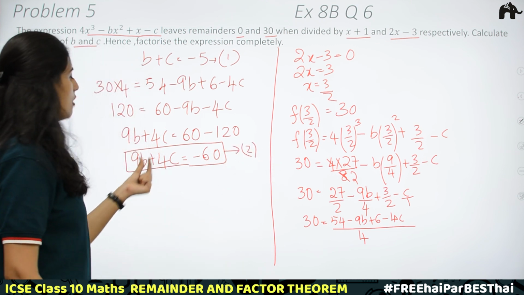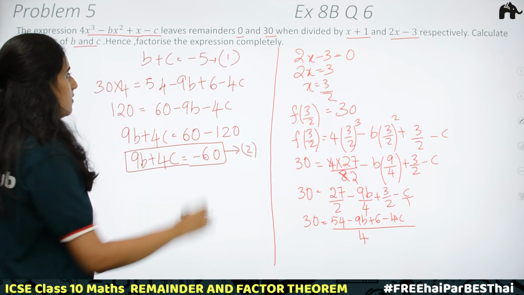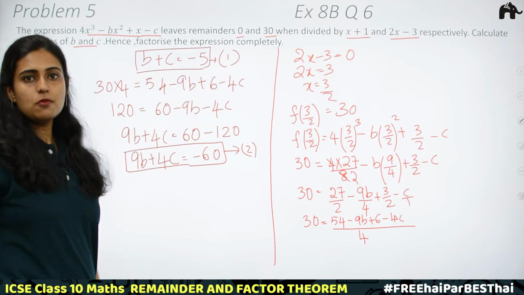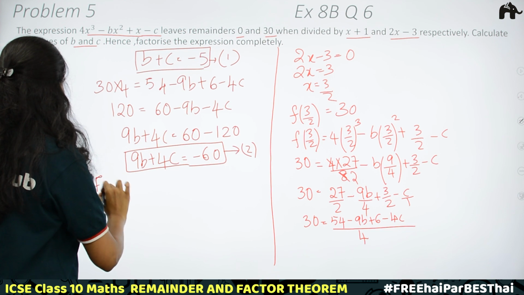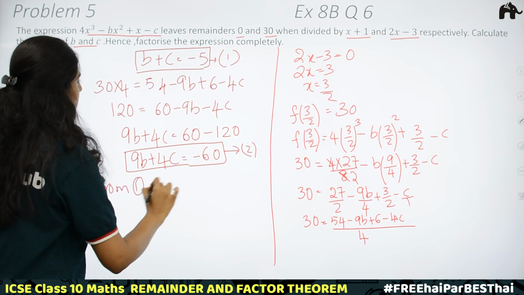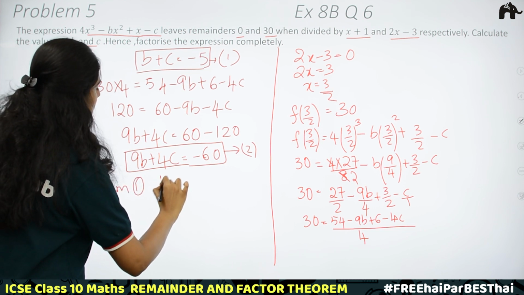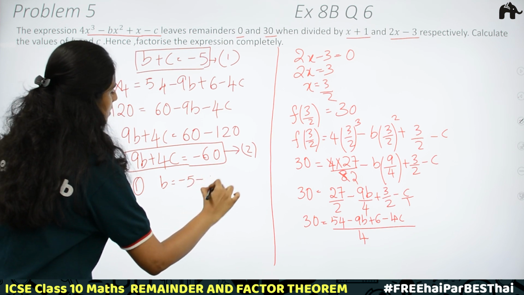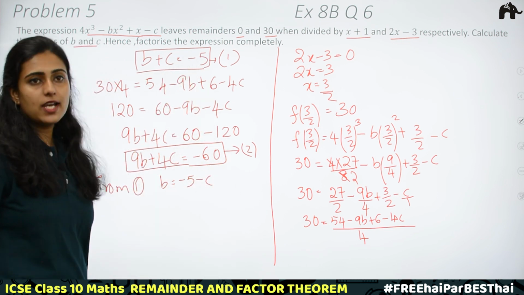We got in terms of b and c. First equation we have b plus c is equal to minus 5. From 1, we'll get b is equal to minus 5 minus c. Okay, b is equal to minus 5 minus c.